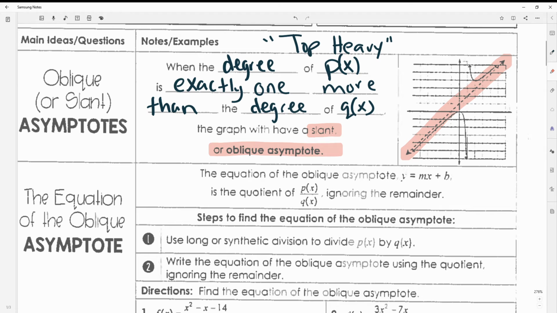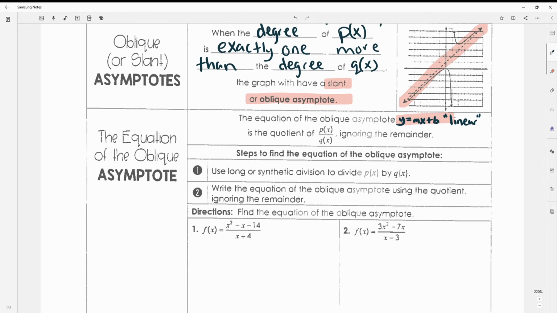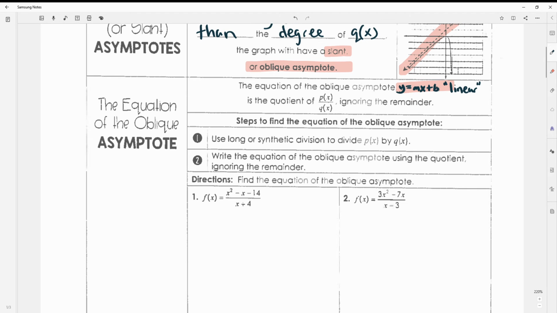Now, this next part tells us exactly how linear it is. You guys remember back in Algebra 1 when you learned about the equation y equals mx plus b, right? That's a linear line. It's linear, it's diagonal. So basically we're going to use 2 different types of division here, either long or synthetic division.